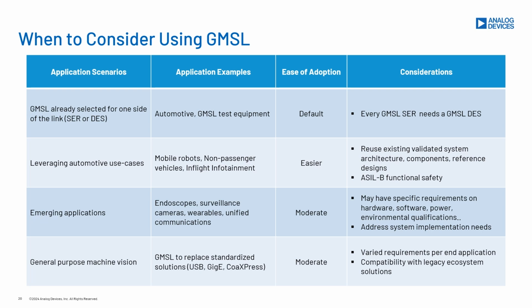Very similarly, if people have to build test equipment for devices with a GMSL interface, they will need GMSL devices built into their own equipment. Some applications are trying to leverage automotive use cases.